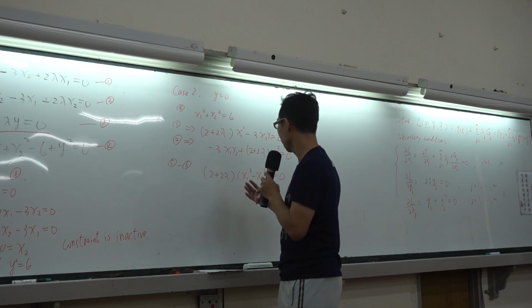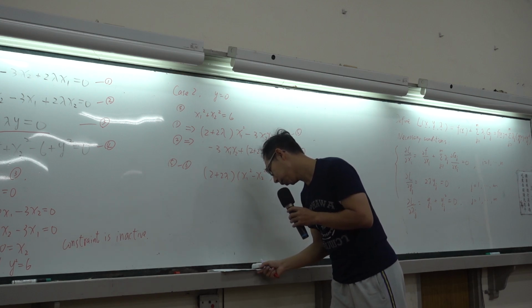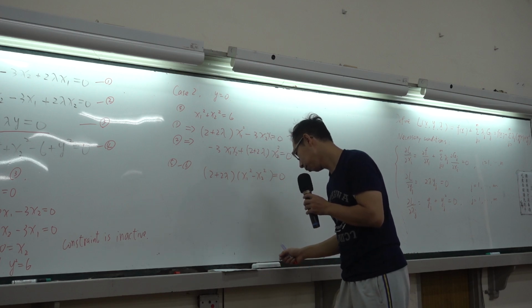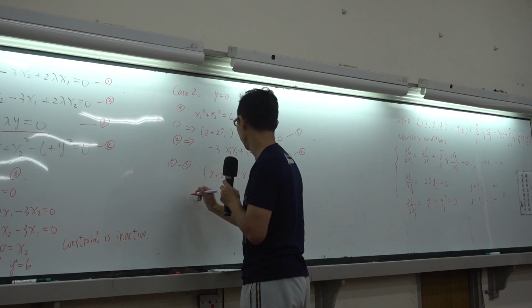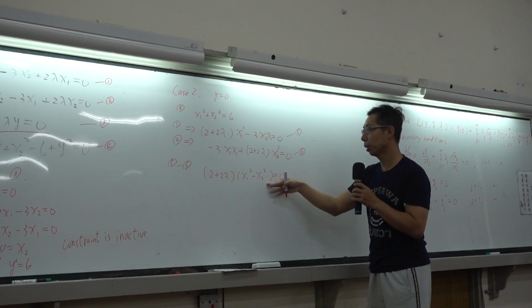And again over here there are two cases: either 2 plus 2 lambda equals 0 or that other factor equals 0.